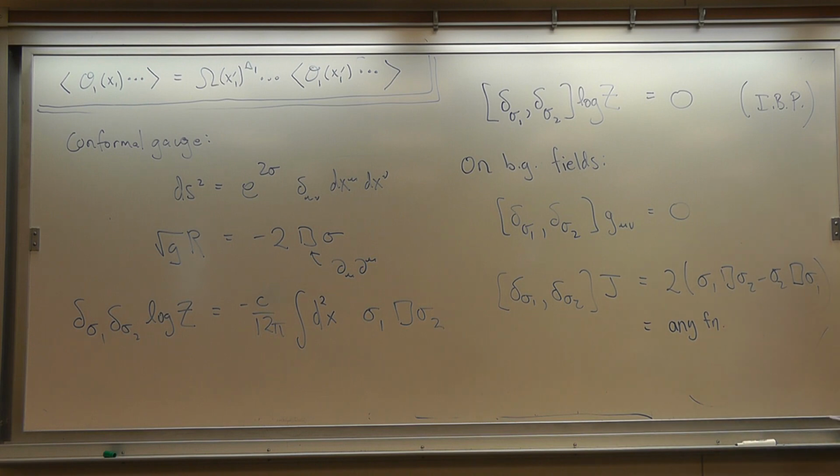So the conclusion is that if we do this variation this way, we're just doing a general variation with respect to J and getting 0. Well, if we do a general variation with respect to J and we get 0, then I guess log Z doesn't depend on J.